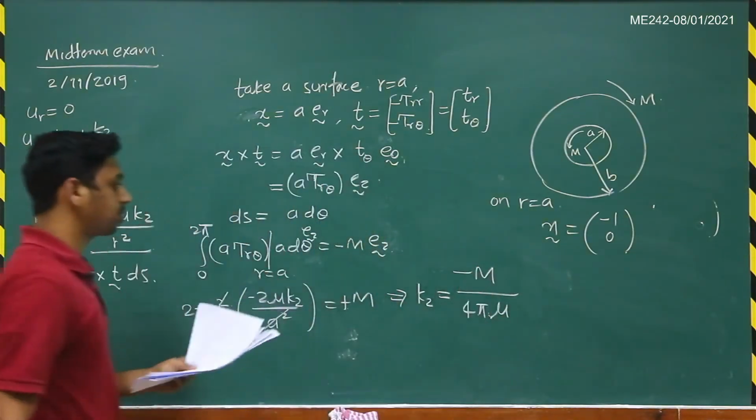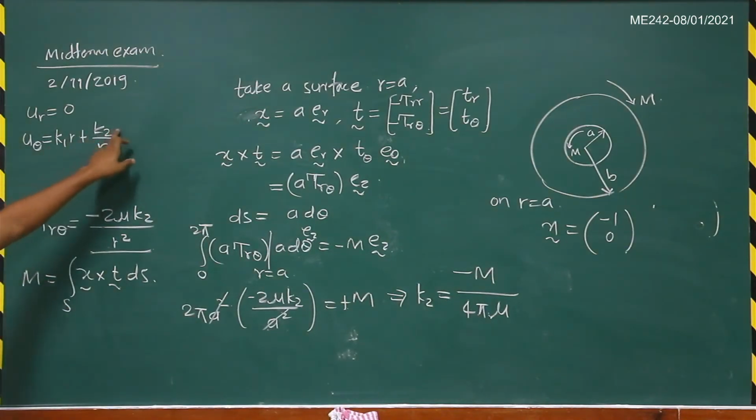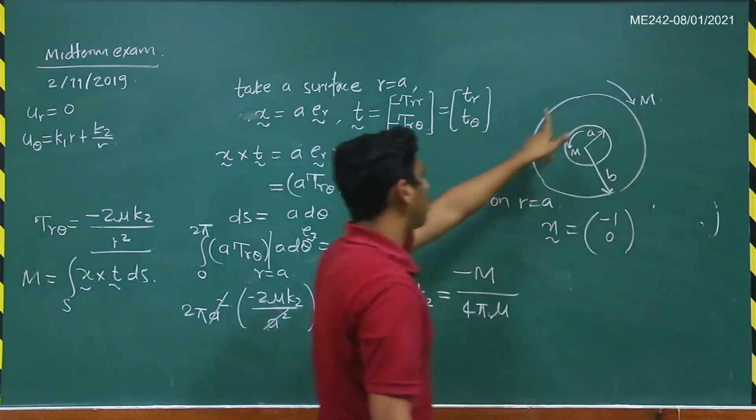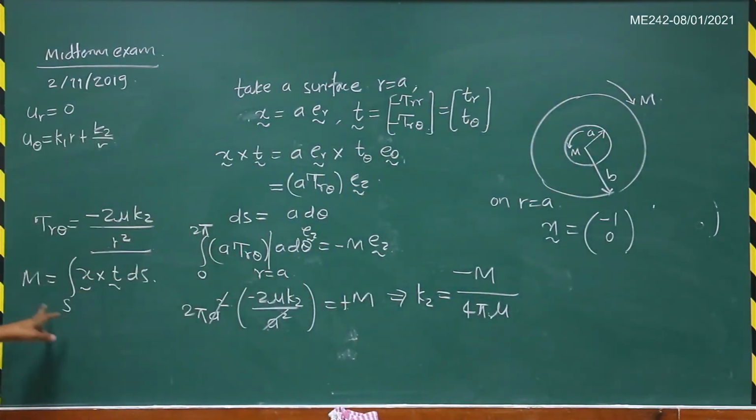What we did here is, we have got two constants K1 and K2, and we need to solve for these two constants. So we use the boundary condition in terms of the moment. The moment is obtained through the condition x cross t over the area element.